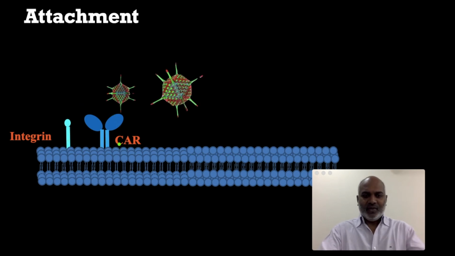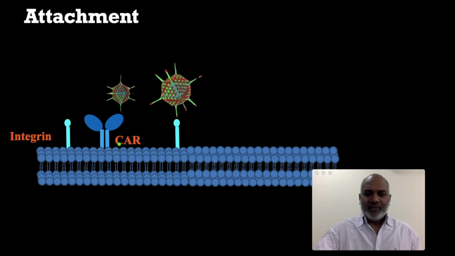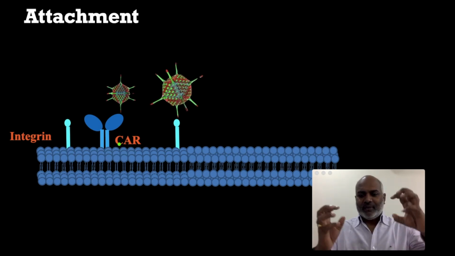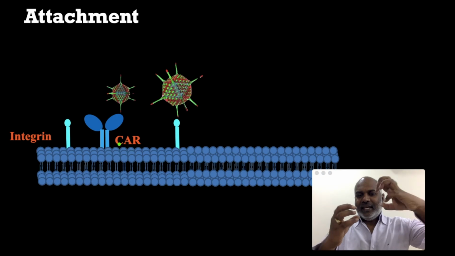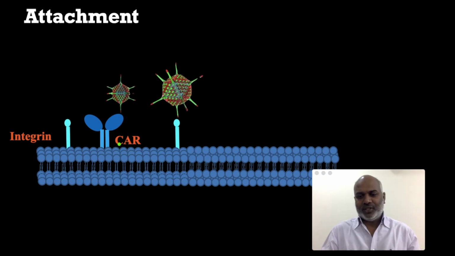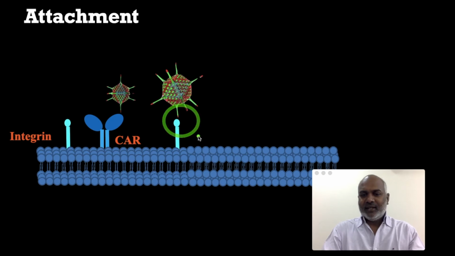So that adenovirus slowly comes towards the plasma membrane of the epithelial cell, which is present inside the respiratory tract or inside the gastrointestinal tract. With the help of electrostatic interactions, there is some kind of interaction between the integrin and the knob-like structure. First, it binds to the integrin with the help of the knob-like structure.